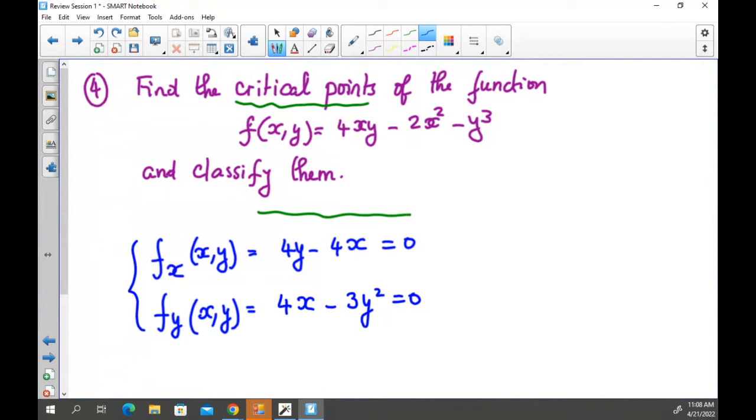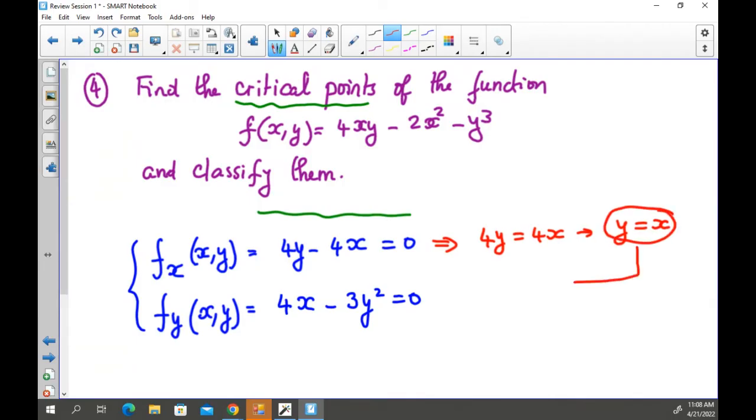So we need to solve these two equations, find x and y, which satisfy these two equations. How do you think we can do that? Yes, from the first equation, you can see that 4y will be 4x. That means y is equal to x.